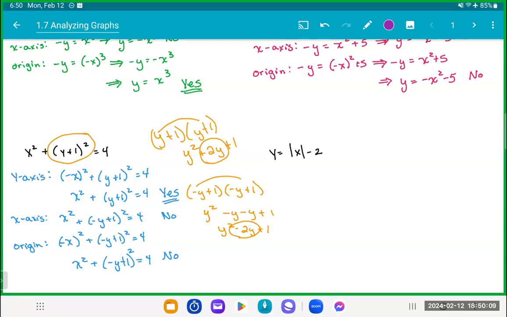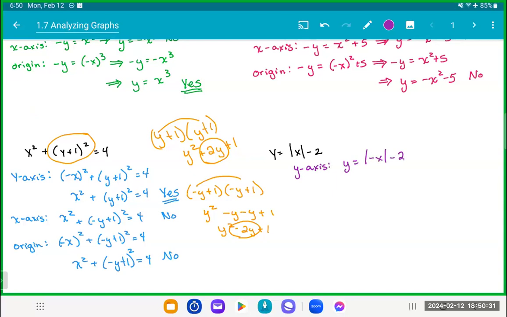All right, so let's go ahead. I do see we've had a few people chime in that it is symmetric with respect to the y-axis. So let's look at that and see if that is the case. For our y-axis, remember we're substituting in a negative x.